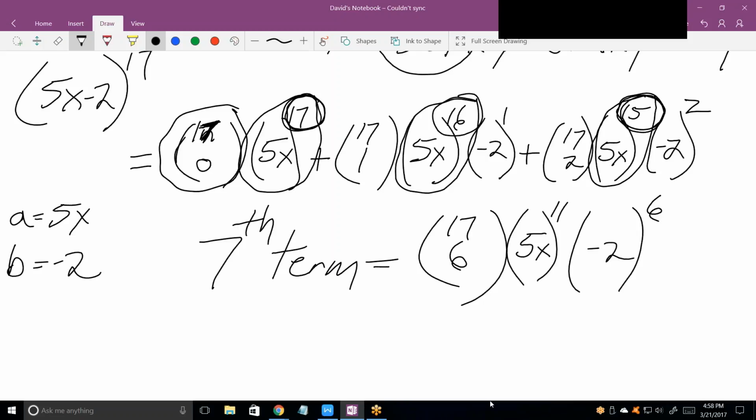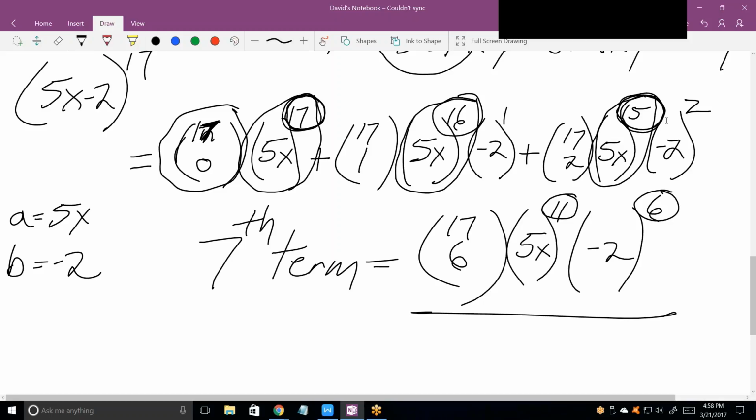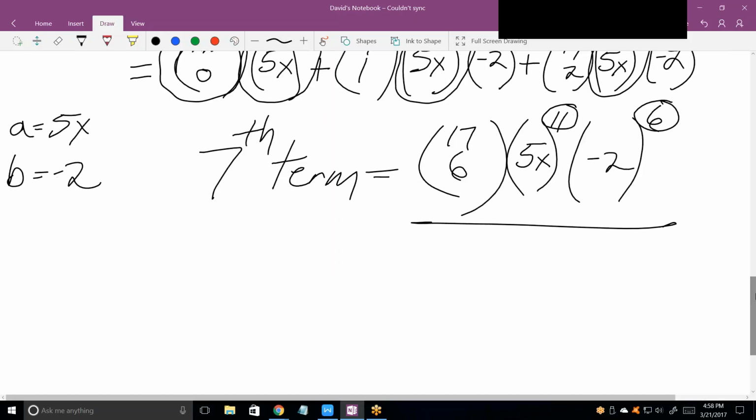That means the term and the exponent add to 18 also. So seventh term, this has to be 11. And this has to be 6. Okay. That's the seventh term. Now, whether we have to do any more with that or not, I doubt it.